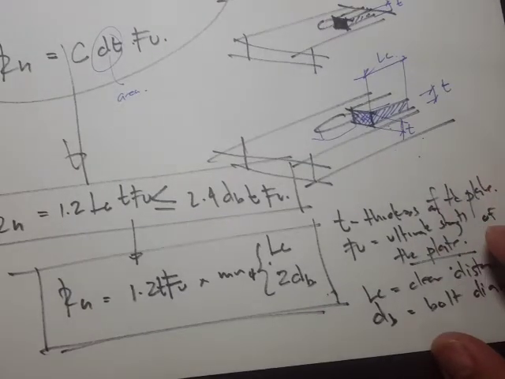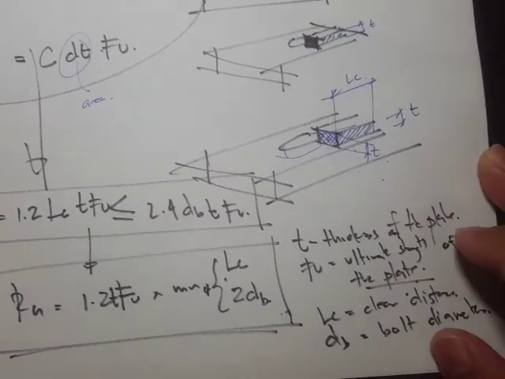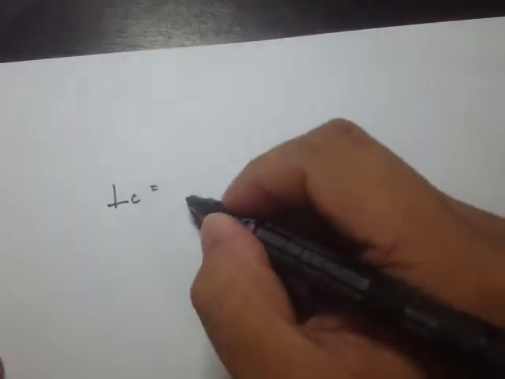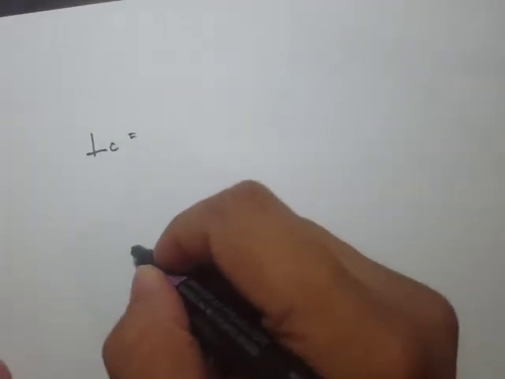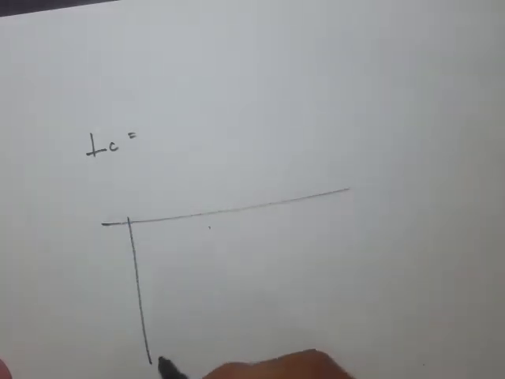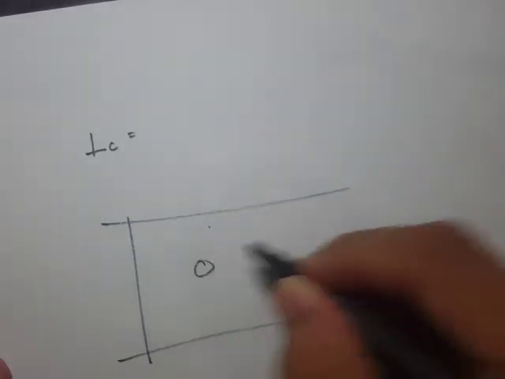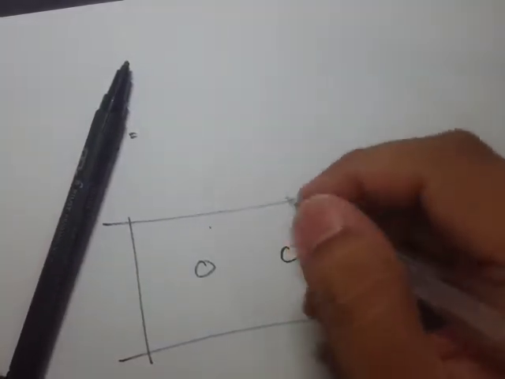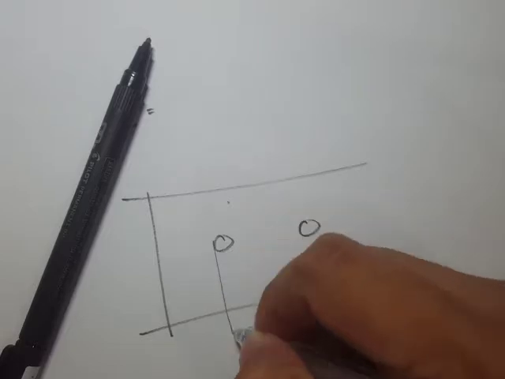Right, now what is this clear distance? Let me draw first. Now, for example, we have this bolted connection. The clear distance is actually this distance.